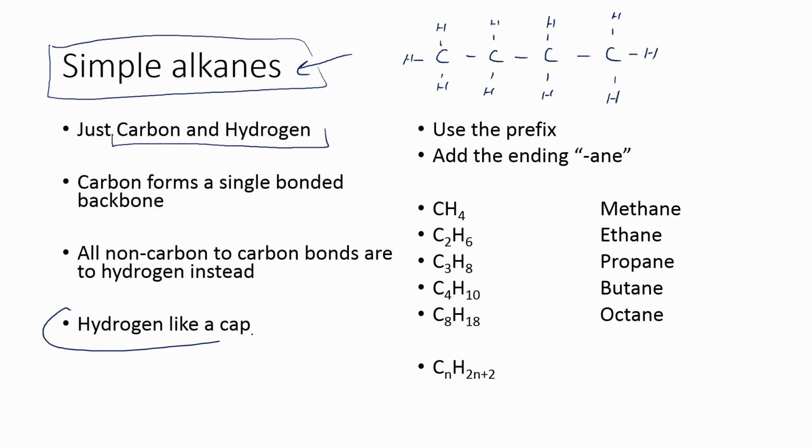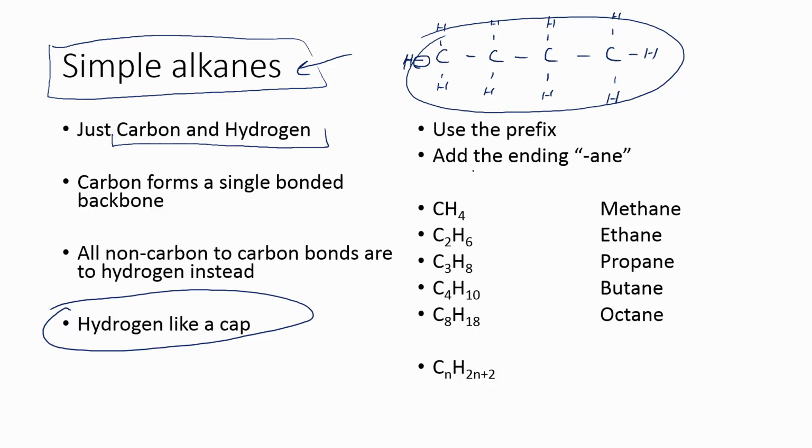Hydrogen basically acts like a cap since it only has 2 electrons possible in its valence shell, because it's in that first row. So hydrogen can only form 1 bond by sharing electrons, and because of that it can never be a bridge between things. It always has to go on the outside edges of molecules.